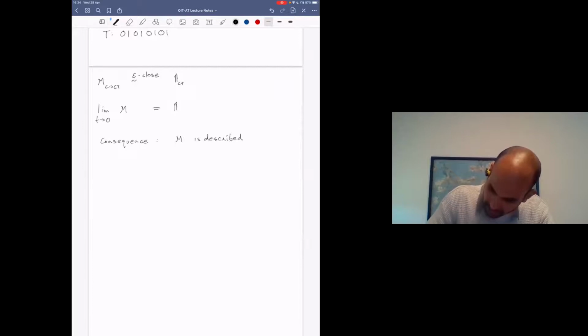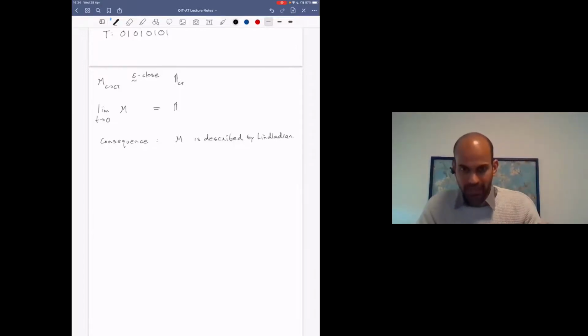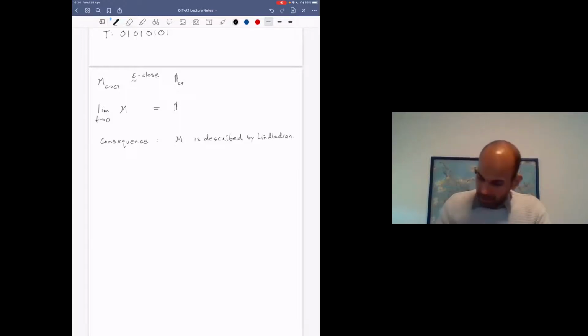This is something you have done in a previous lecture, where you took an arbitrary map, and you proved in the tutorial question that if you look at it for a very small time period, the evolution of the system can be described by a Lindbladian on the system. The same thing holds for this map. The only difference is that because it's a map from C to CT, you get a Lindbladian that doesn't only involve the clock, but also the registers.